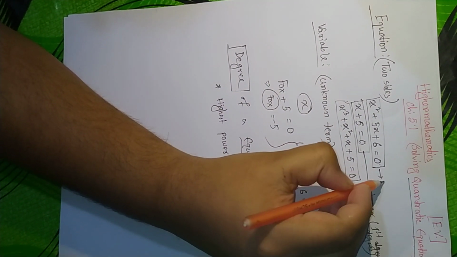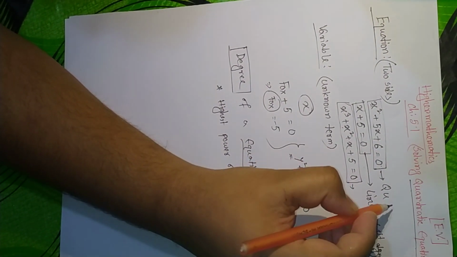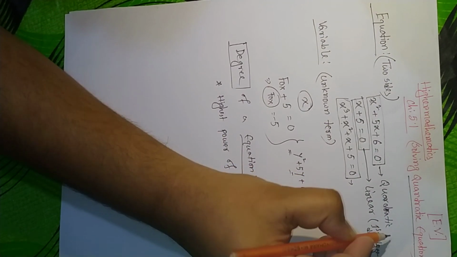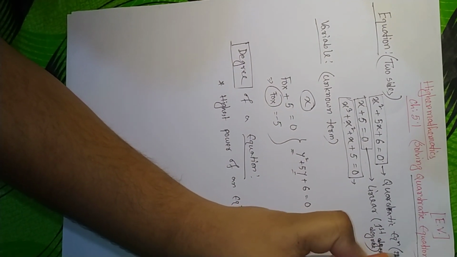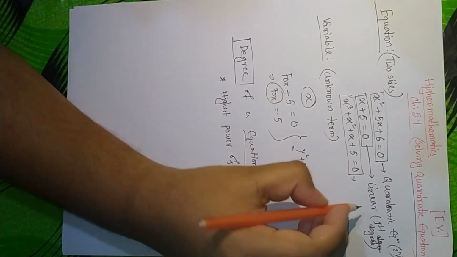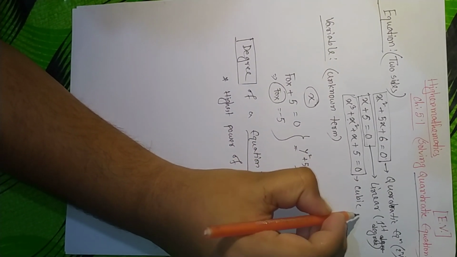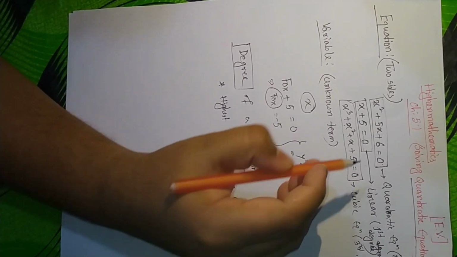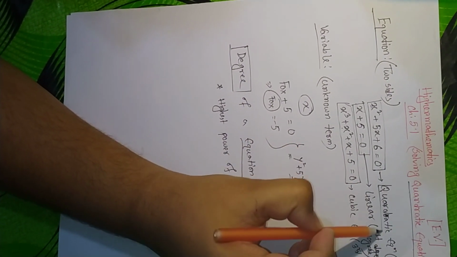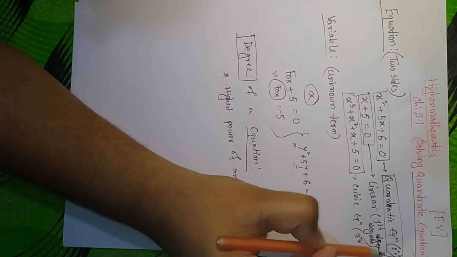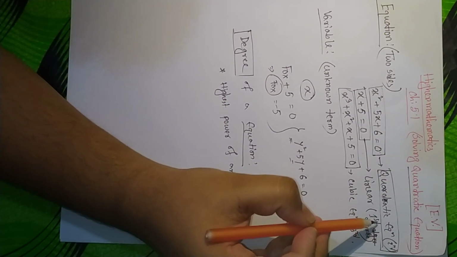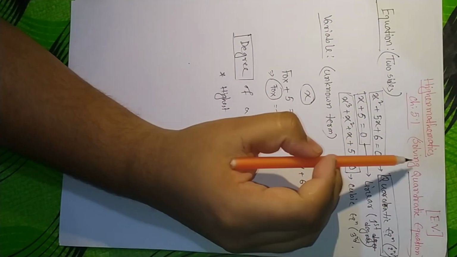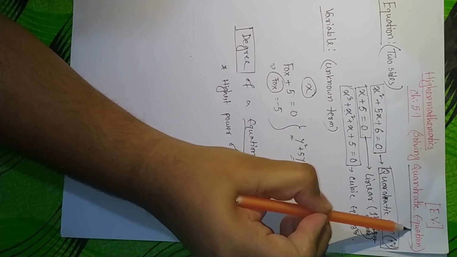A second degree equation is known as a quadratic equation. This is also a second degree equation, and a third degree equation is known as a cubic equation. So you can understand that a quadratic equation must be a second degree equation, and today we will discuss only the quadratic equation solving method.